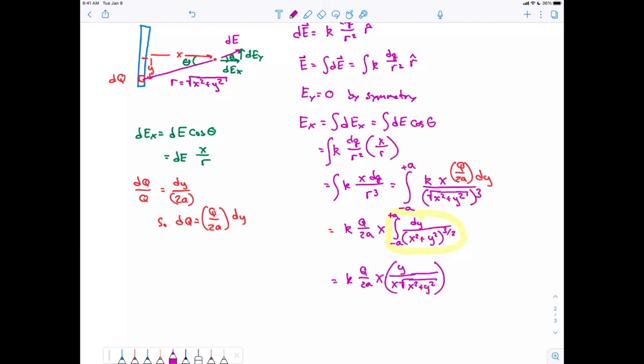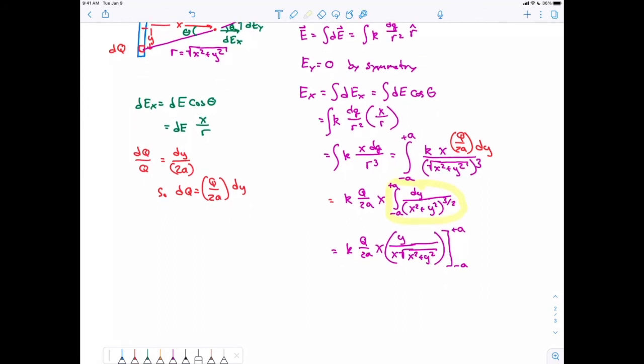Right, so that term in parentheses is the evaluation of the integral, and I need to evaluate it at the limits of minus a and plus a. Right, and remember that it's y that I integrated over, so I'm replacing y with plus a and y with minus a.